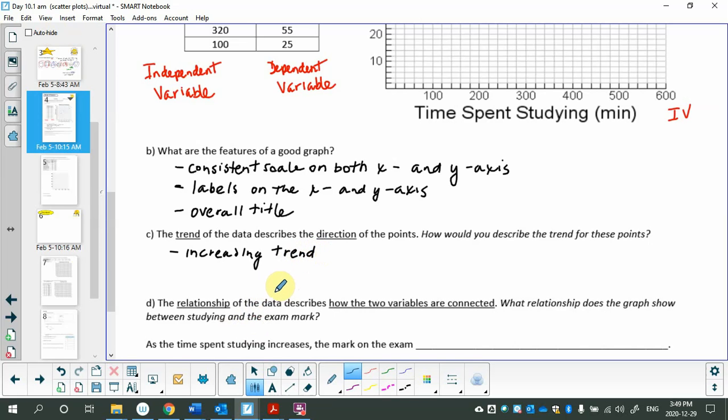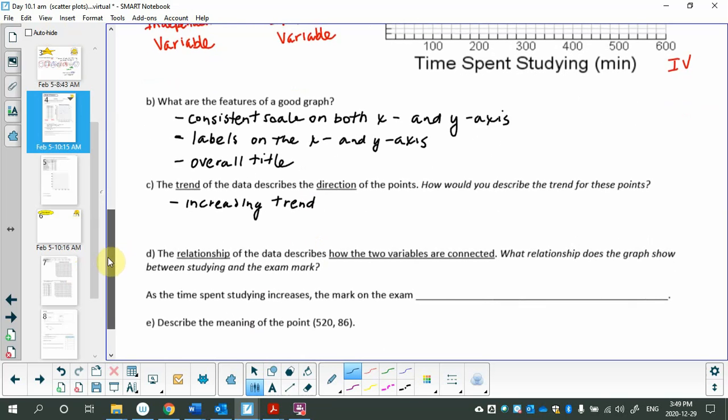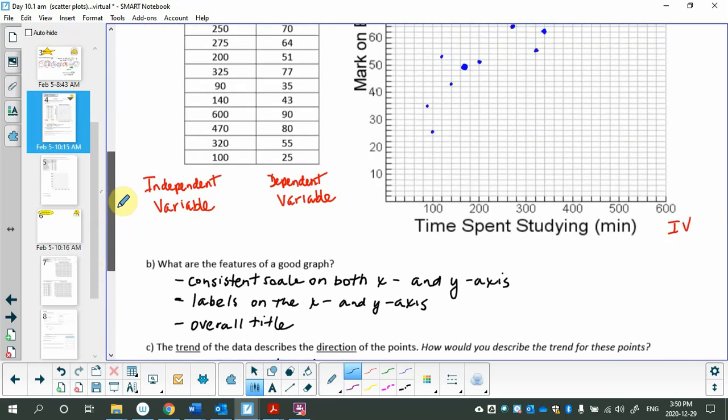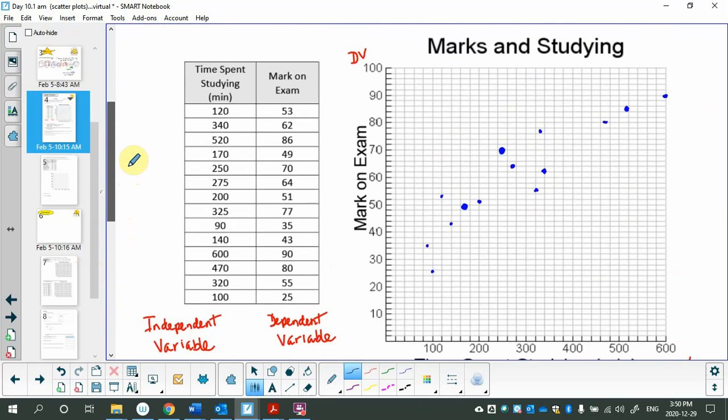The next one is kind of a fill in the blank. Underneath here or above, depending on where I have the most amount of room, I will explain how to say this. The relationship of the graph describes how the two variables are connected, so how the time spent studying is connected to the mark on the exam.